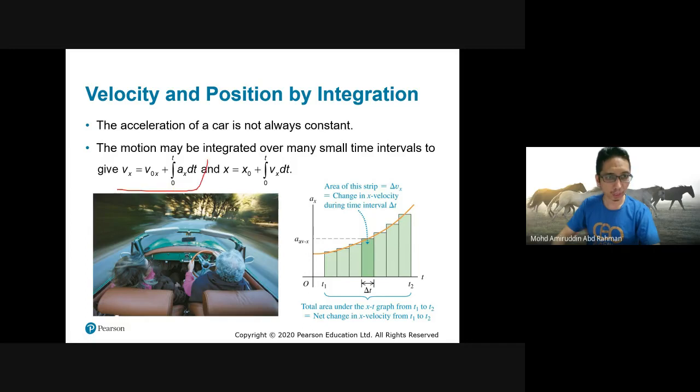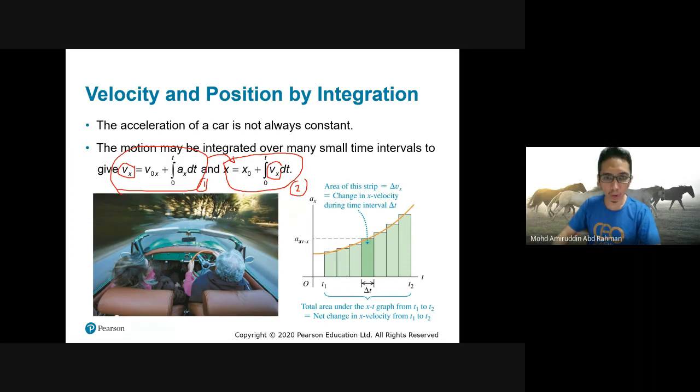So if you are given the acceleration and the question asks you to find x, you do the first integration, and then the second integration once you obtain your Vx, replacing the Vx there.